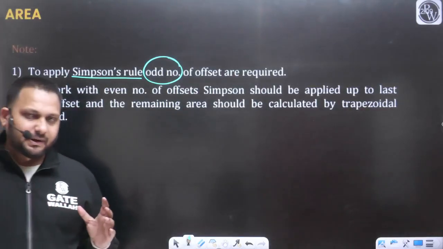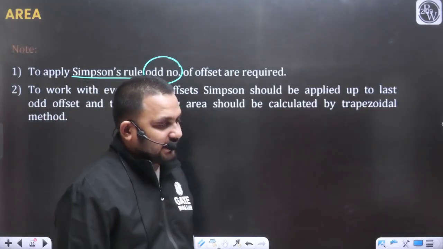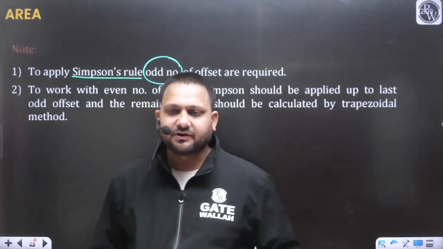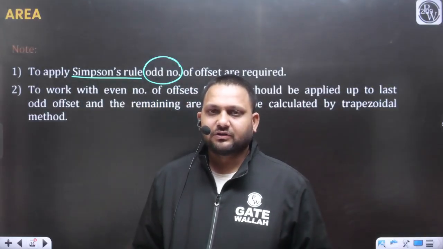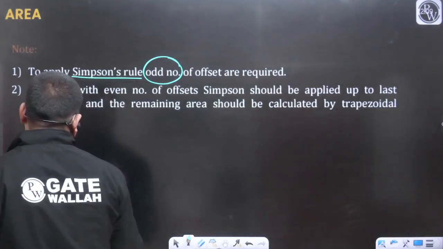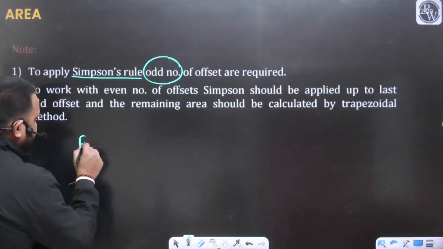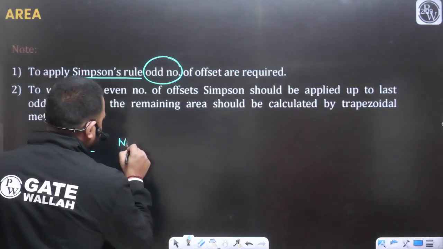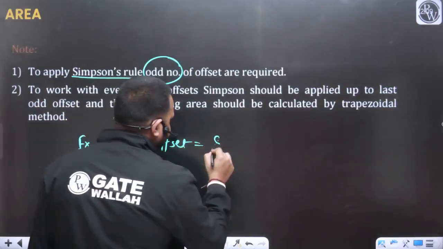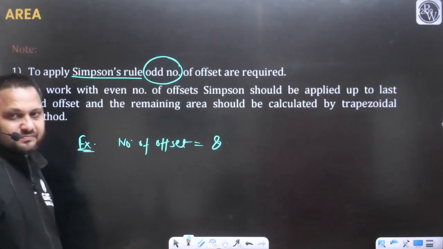But it is not compulsory that in the question they will always provide you an odd number of offsets. Let's say for example, the number of offsets is 8.